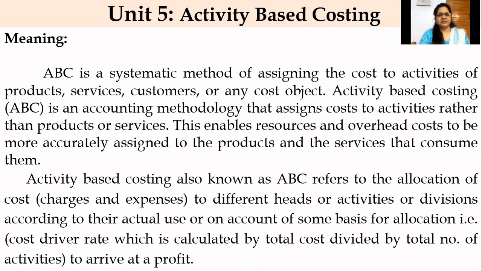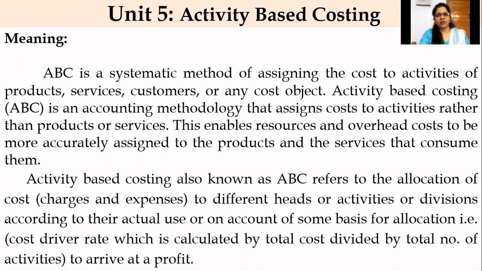So, as the word itself says, activity-based costing. Whatever cost is incurred while manufacturing goods or services will not be directly assigned to the product or service. So what are the activities conducted in order to produce those goods and services? The costs are first assigned to the activities.